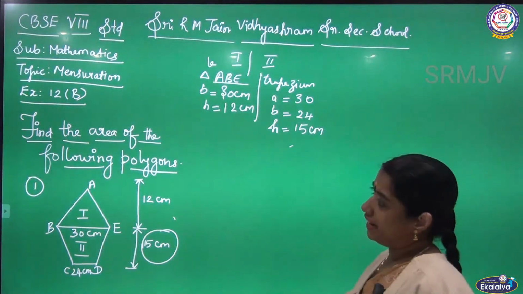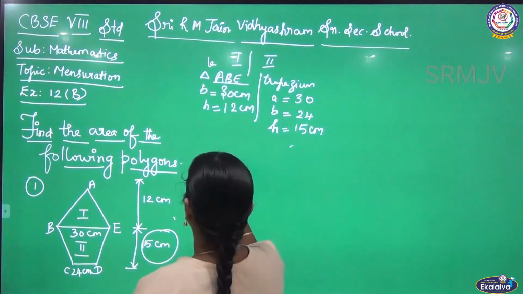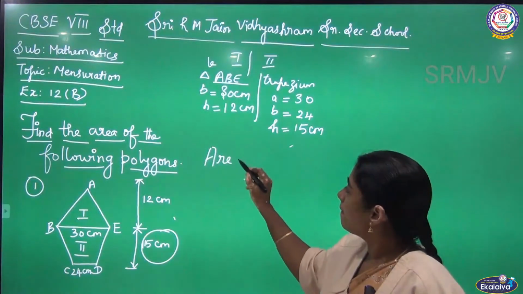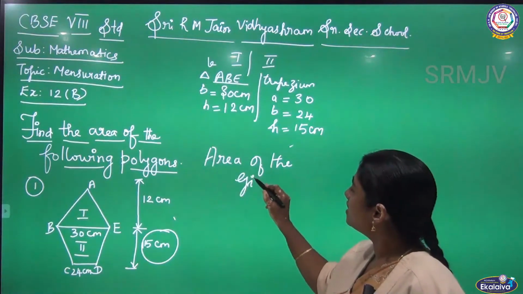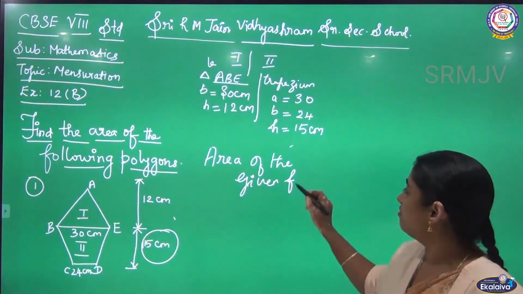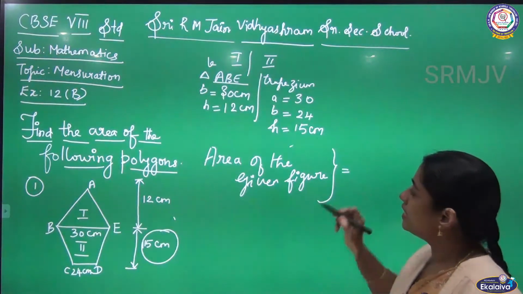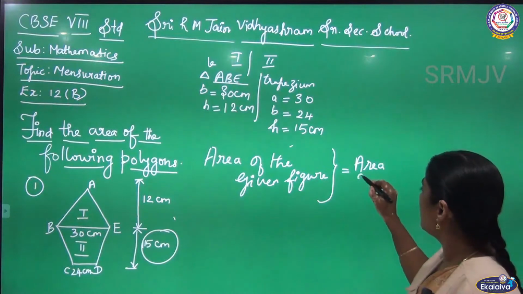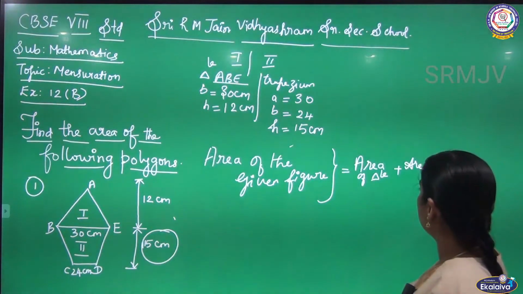Now, I am going to find out the area of the following. See, how can I write this? Listen. Area of the given figure is equal to area of the triangle plus area of the trapezium.